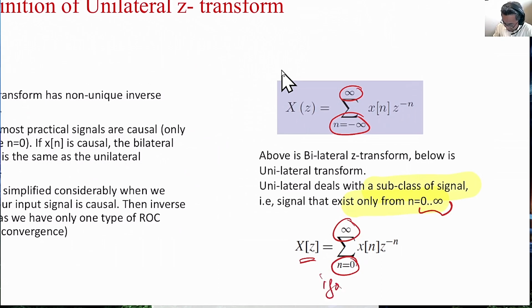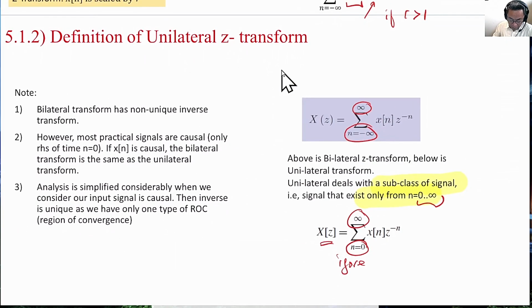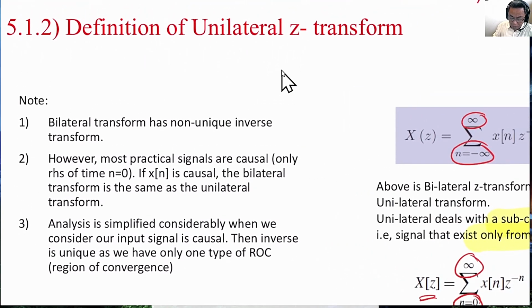That means we ignore the negative time. One of the reasons why we do this is that the bilateral z transform does not have a unique inverse, and if our problem is normally causal signals, then we need only apply the unilateral z transform, and the analysis is simplified because we have only one type of ROC, which is external to the pole. So we'll see the ROC later in the slides.